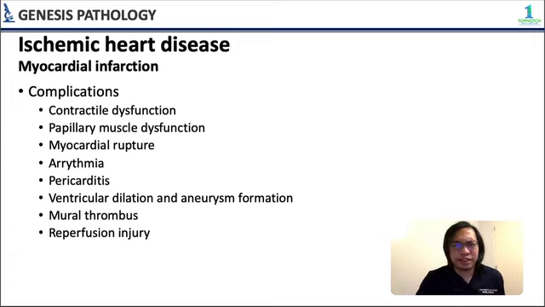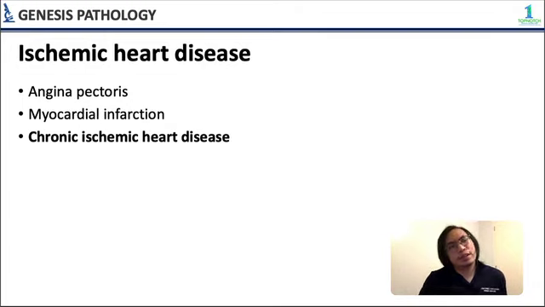Okay? Dami natin dinescuss. Anyway, chronic ischemic heart disease is actually in Robbins. In your pathology, the definition of your chronic ischemic heart disease is ischemic cardiomyopathy, and that is your progressive heart failure due to cumulative myocardial damage. Okay?